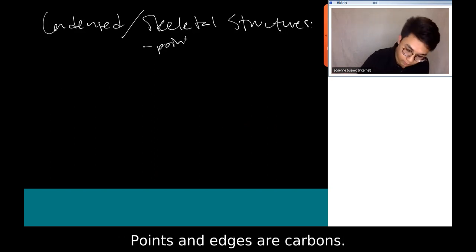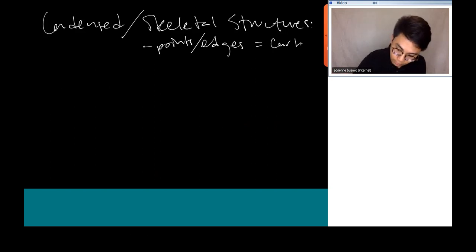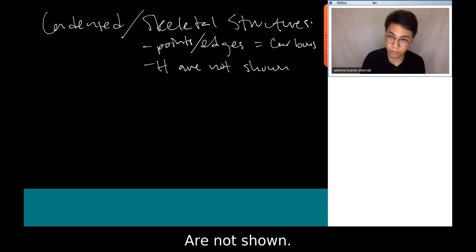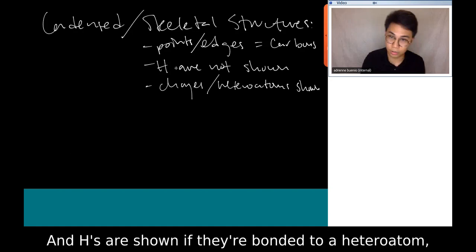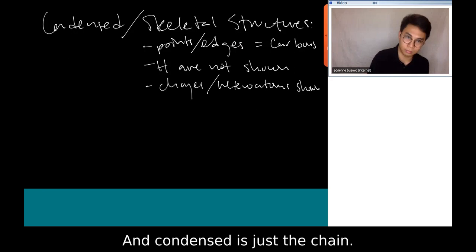Points and edges are carbons, right? Hydrogens are not shown, but charges obviously are. Heteroatoms are shown, and H's are shown if they're bonded to a heteroatom, like NH, OH, things like that. And condensed is just like the chain.